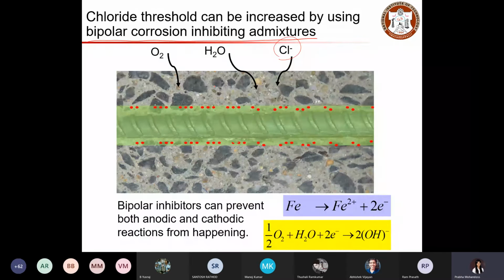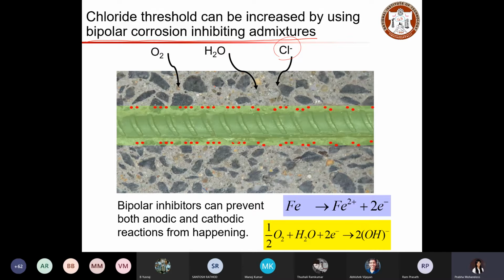Right. So here you can see how the chloride threshold value can be increased when you use corrosion inhibiting admixtures. So you know what corrosion inhibiting admixtures are? Basically, we add certain types of admixtures to protect the steel from corrosion, so that corrosion can be reduced.